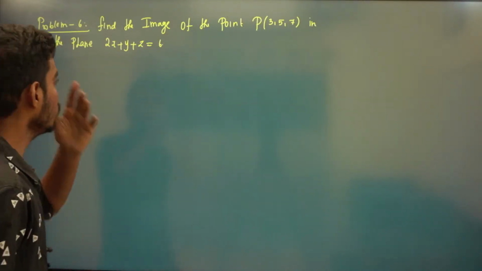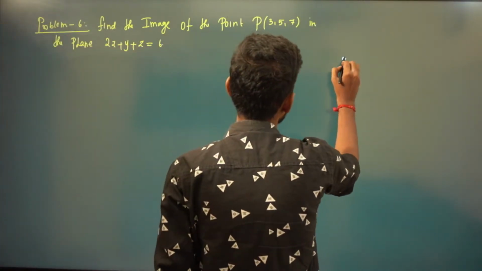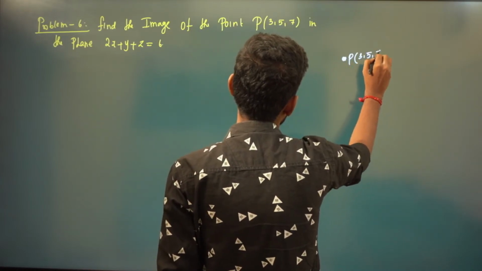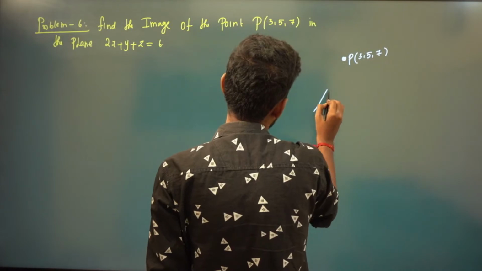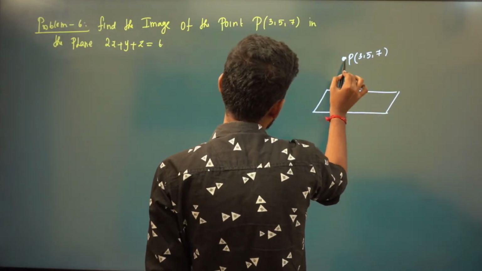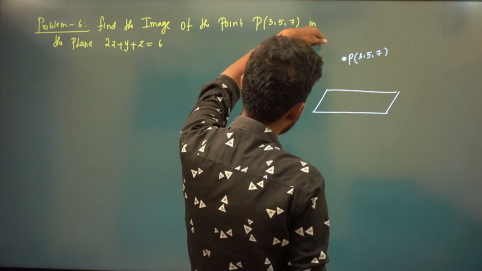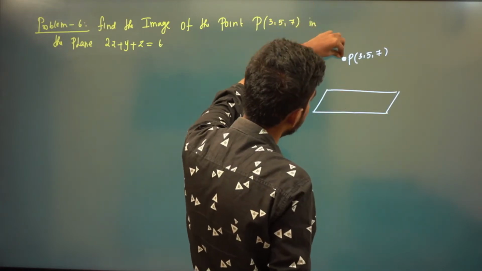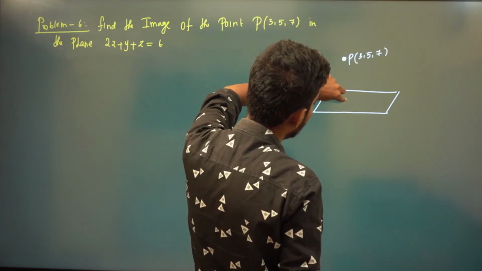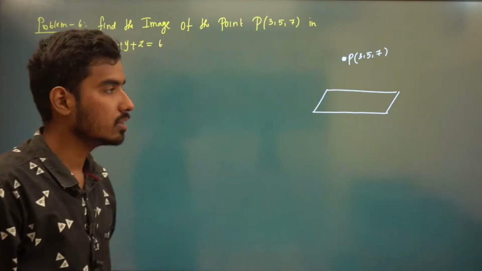Very simple problem. See, you have a point P, which is 3, 5, 7, and we have a plane. We need to find the image of this point, right? Let us say you are putting a torch here. This will reflect here. So we need to find the image of the point in this plane.